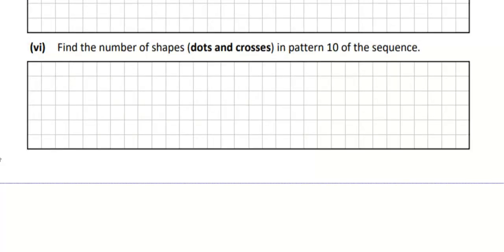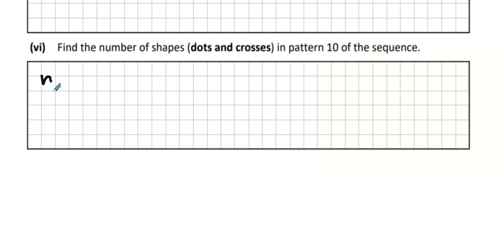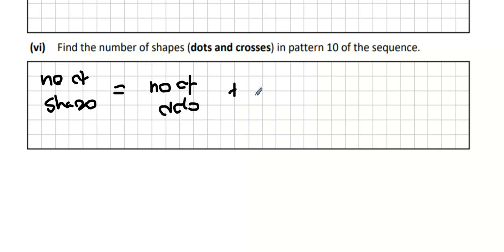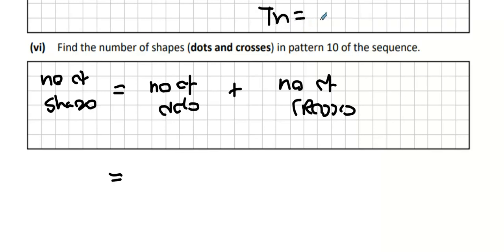Find the number of shapes, dots and crosses in pattern 10. Would everybody agree that number of shapes equals number of dots plus number of crosses? Everybody happy with that? What was the Tn formula for number of dots? We answered it a couple of answers back.